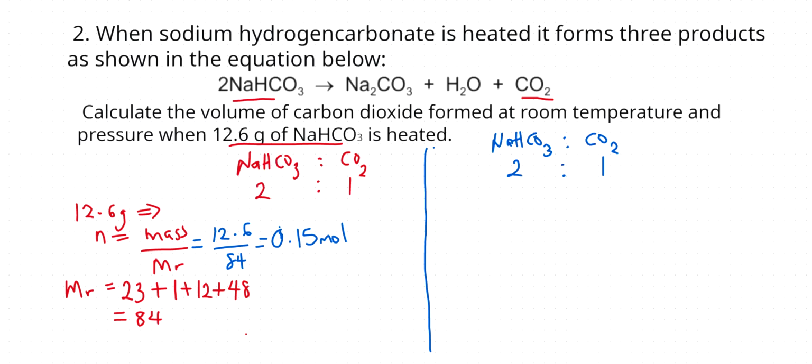From our calculation, we're given 0.15 mole of sodium hydrogen carbonate. We need to use that to get the number of moles of carbon dioxide. So we're going to cross multiply that, so X will be equal to 0.15 divided by 2. And that gives us 0.075 mole. So that's the number of moles of carbon dioxide.